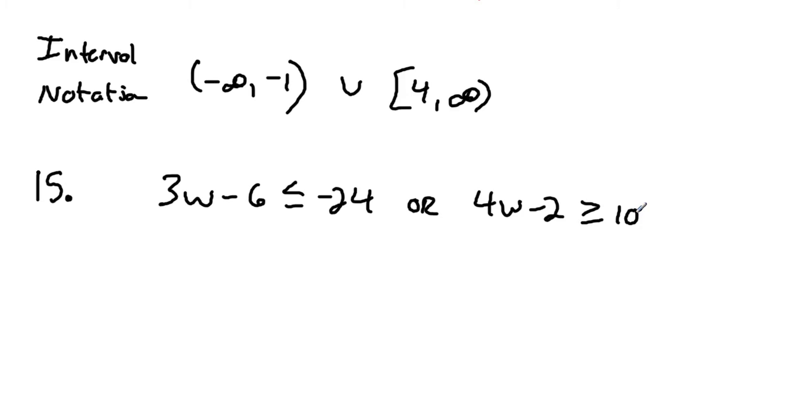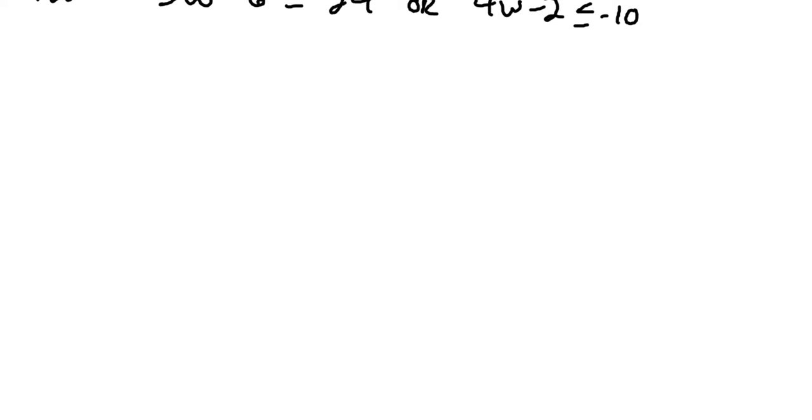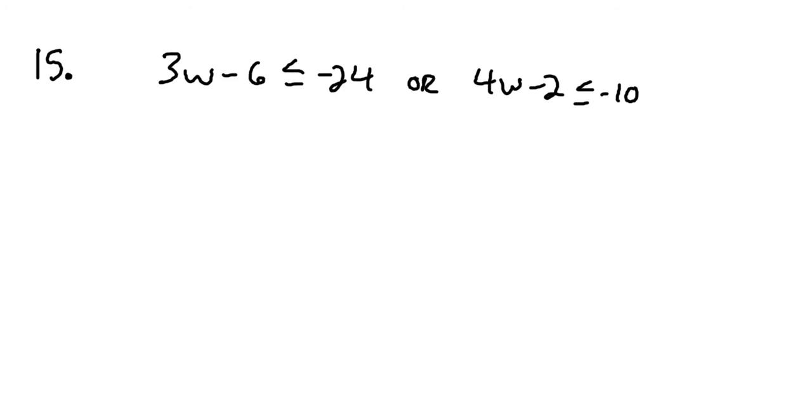And then 4w minus 2 is, oops, sorry, wrong direction here. Should be less than or equal to negative 10. Okay, and again, with the OR, that just basically means that we're doing union, so anything at all that shows up on the graph, that's what we're looking for.